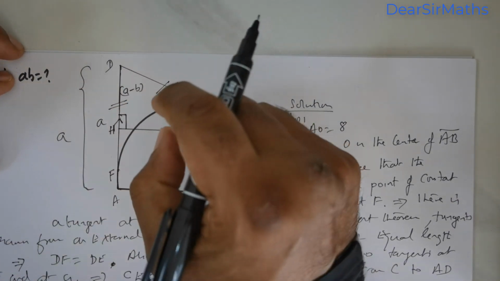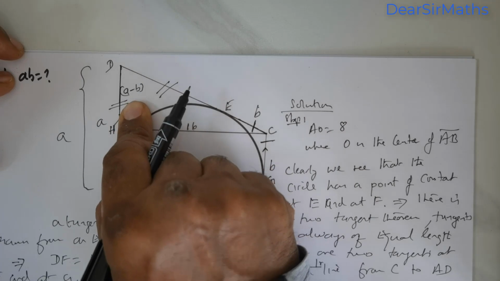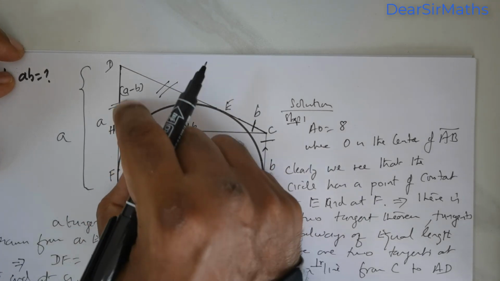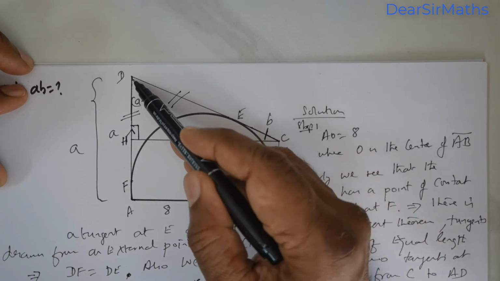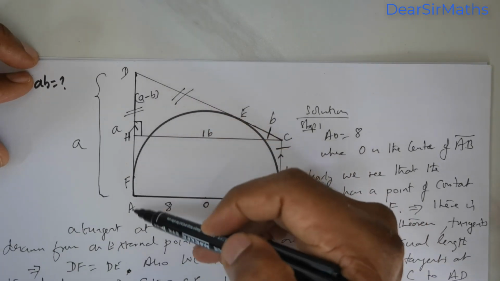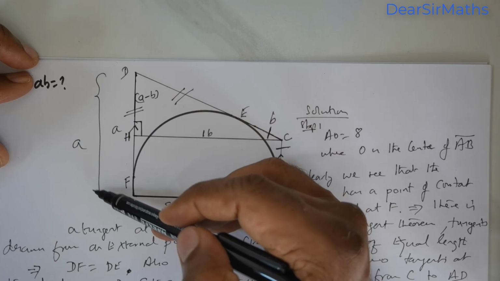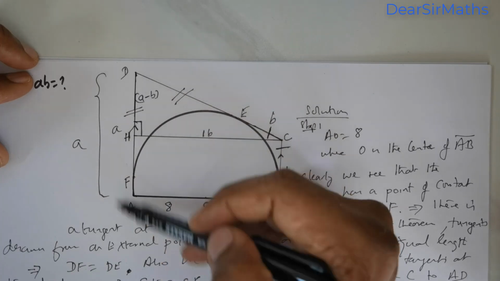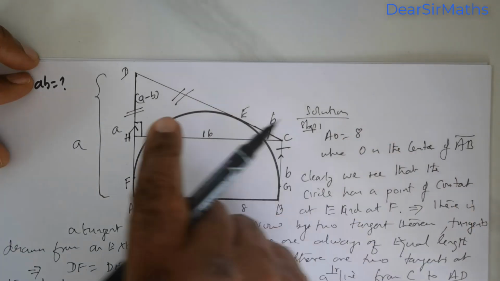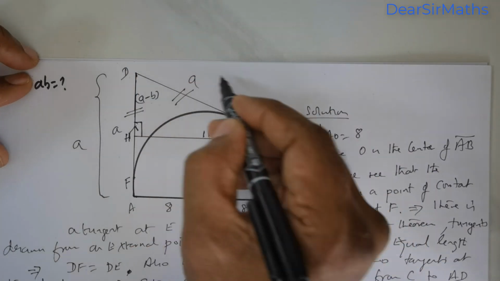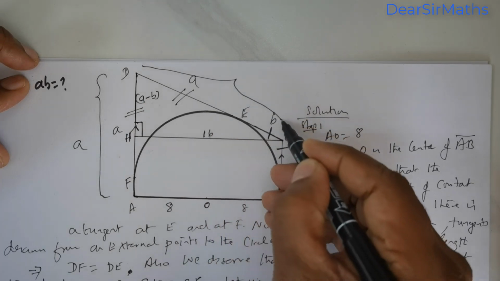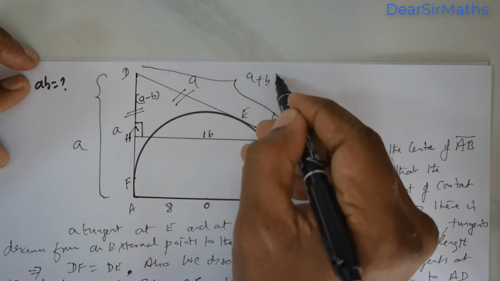And from here a tangent is drawn, so this entire length is given to be A. So if this length is A, this is also going to be A. So this entire segment is going to be A plus B.